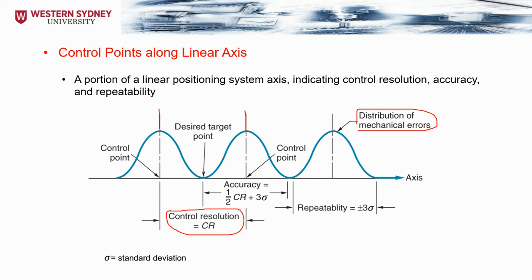From the desired target, bottom to bottom is going to be the accuracy. It is equal to half the control resolution plus 3 sigma, where sigma is the standard deviation. The repeatability of the system is plus or minus 3 sigma.